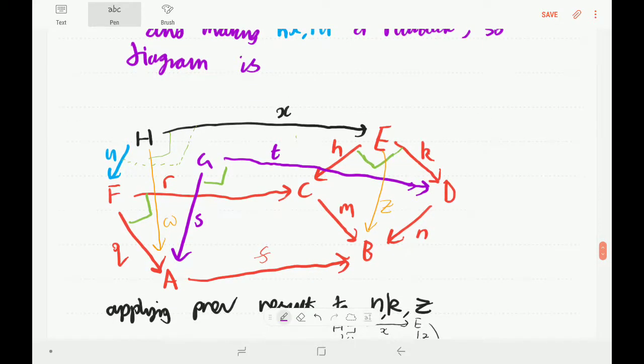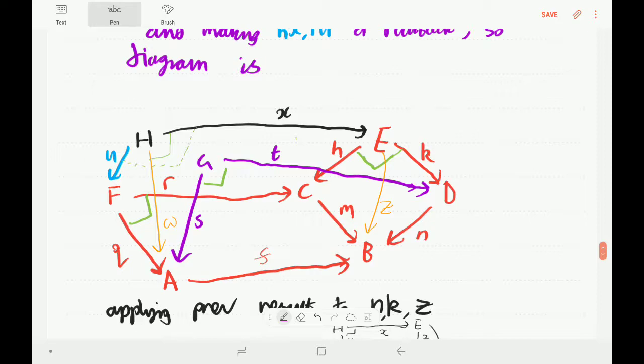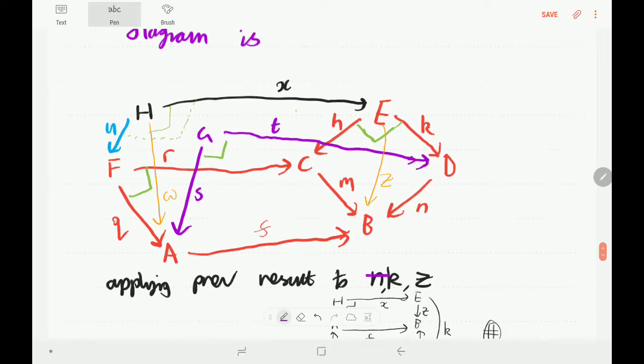Now we know U's there, we can elaborate our diagram. We have this extra pullback here drawn with the dotted green line, and we know about U. The next thing is to do the same kind of thing, but this time based around the triangle NKZ.